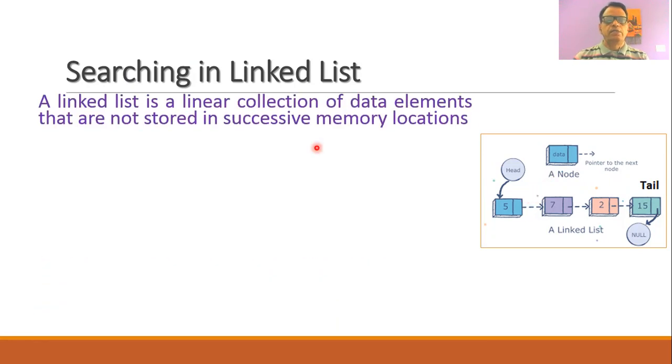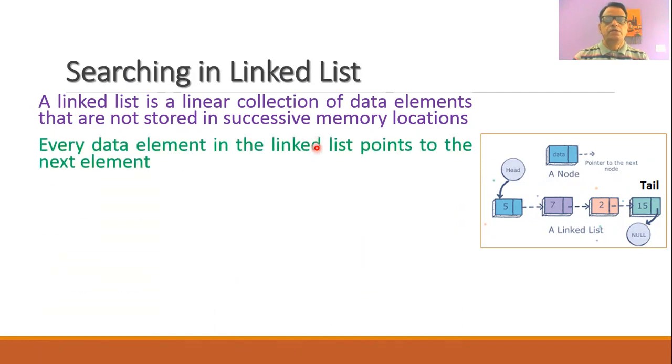So the linked list is a collection of data elements, and these data elements are not stored in successive memory locations, but these elements can be stored in the parts of the memory where the space is available. Every element in the linked list is linked to the other element, and this linking is established by making use of pointers.